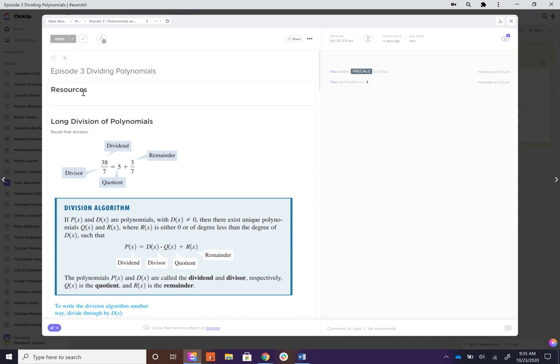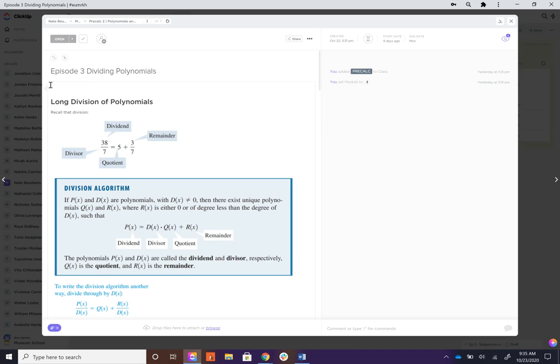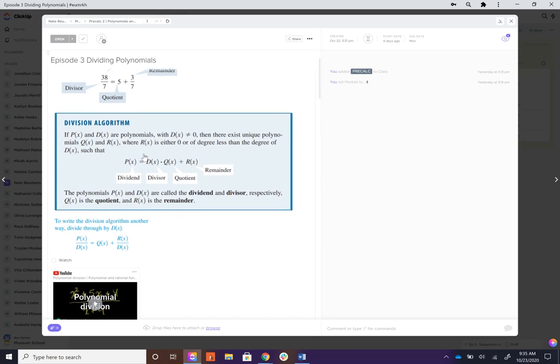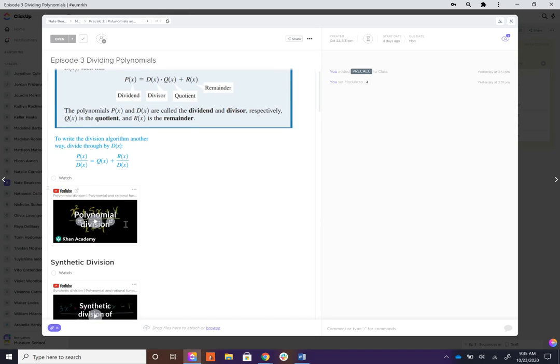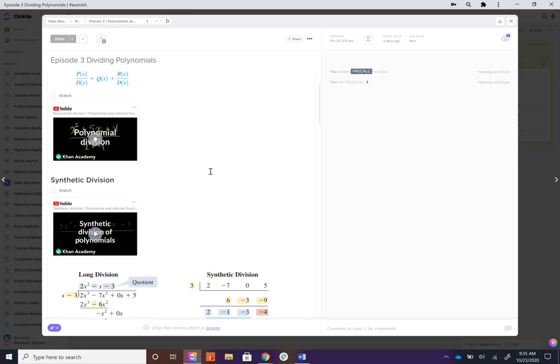So you'll notice that I started up here with resources, and then I decided to actually embed all the resources below, so you don't even need that. So polynomial division, synthetic division. I'm going to go through a couple examples of those today.